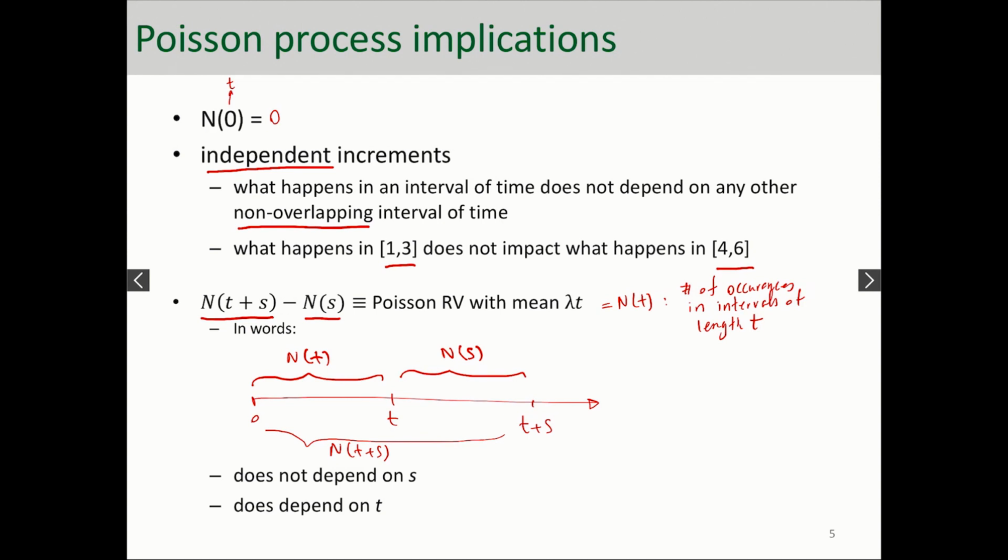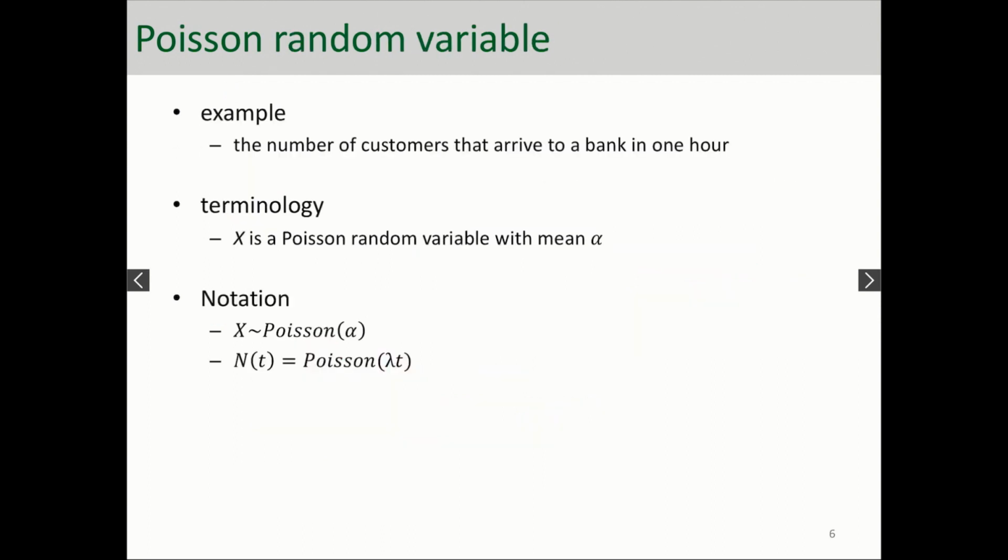So let's start talking about how to calculate probabilities associated with this random variable. If you want to know what is the probability that I see 5 customers coming into a store in 2 hours, how are you going to calculate that probability? So let's take an example here. The number of customers arriving at a bank in 1 hour.